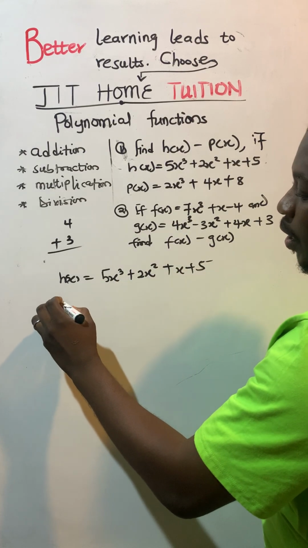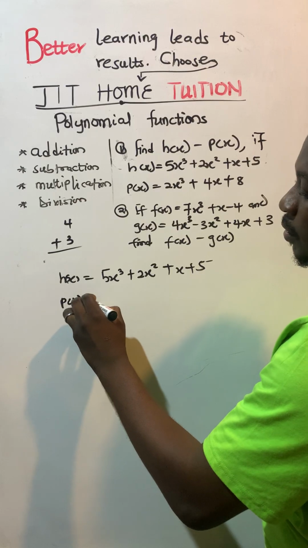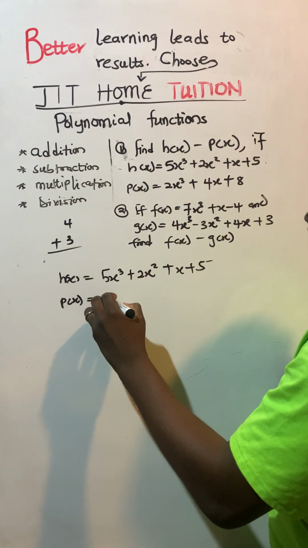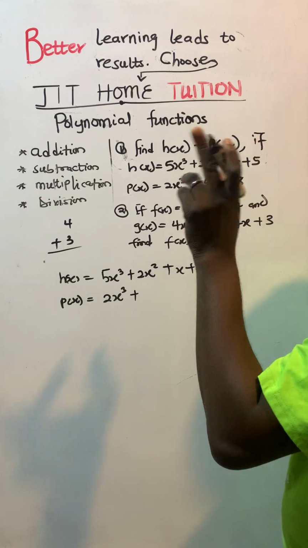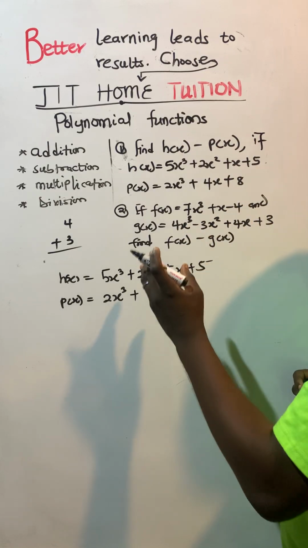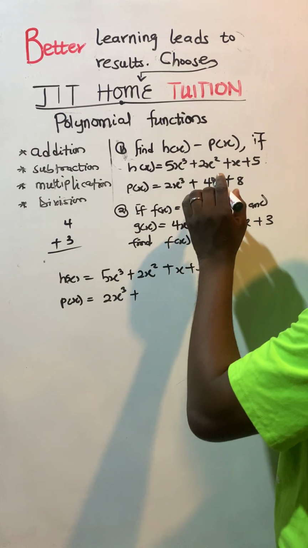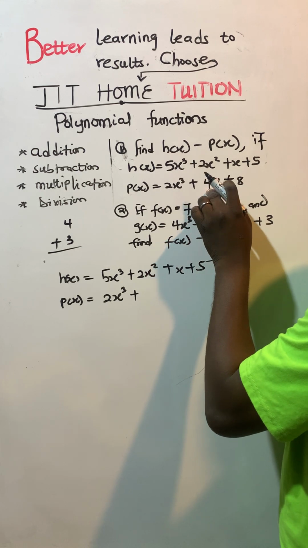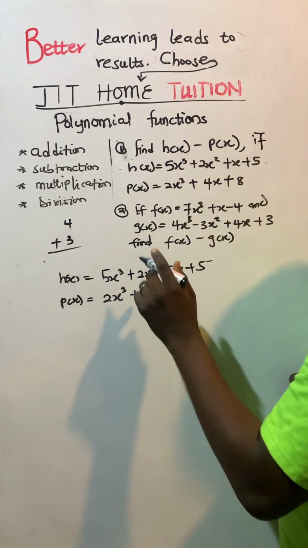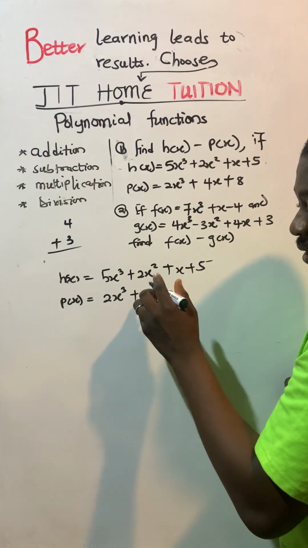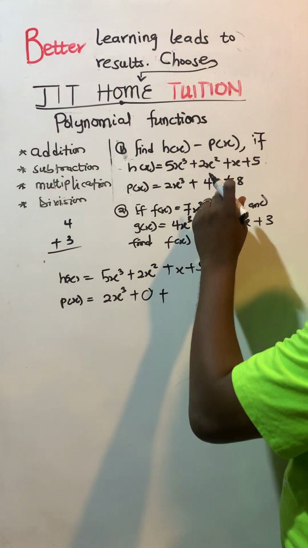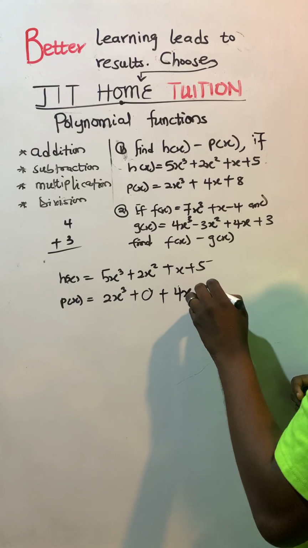All right, then you have the p of x equal to 2x cubed plus, in the addition, I was explaining to you that you add them according to terms. So here is what? X, 4x. So that means that when it comes to the square power, we don't have it. So you can put 0 over there. All right. Then you have 4x here plus what?